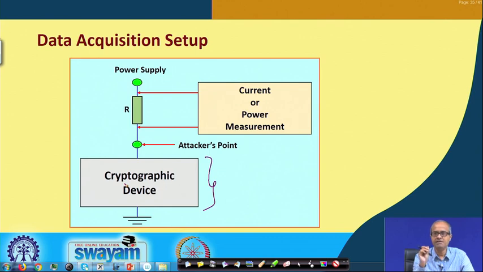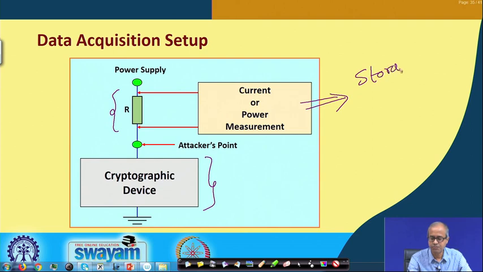So, the only thing you have to do is have access to that point from where the power is being drawn, and if you can connect a very small resistance in series to that, and connect a probe across it, and use a storage oscilloscope to store the sample values.